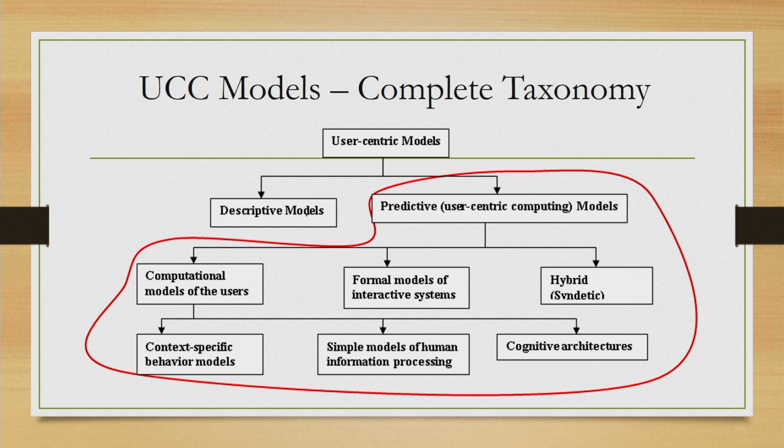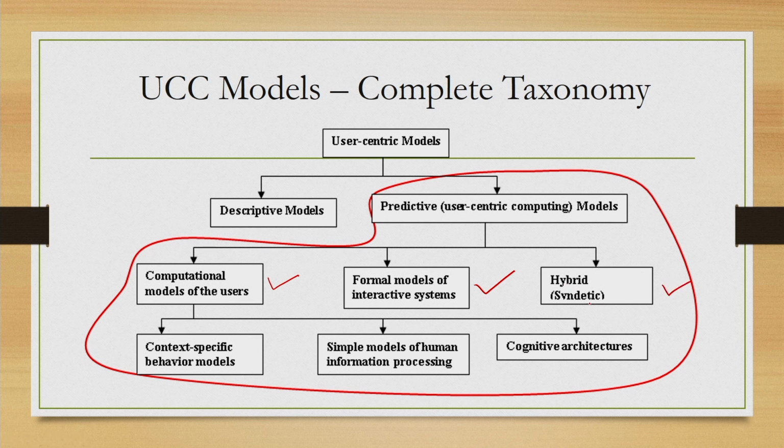So, we have descriptive models, which we discussed in the last lecture. Then we have predictive models. Today we were introduced to the idea of predictive models, which are essentially the same as user centric computing models in this context. Now, these predictive models we can divide into 3 categories: computational models of the user, formal models of the system, and hybrid models.